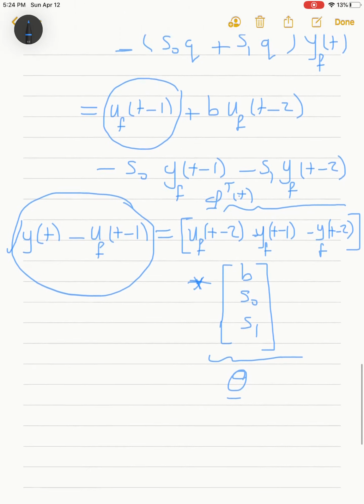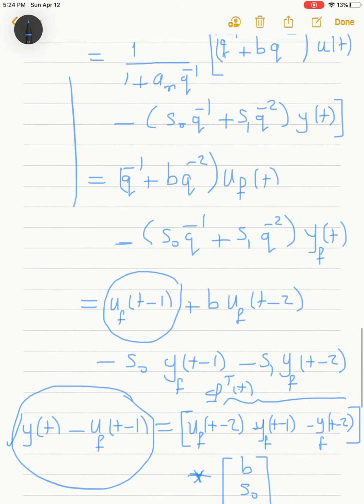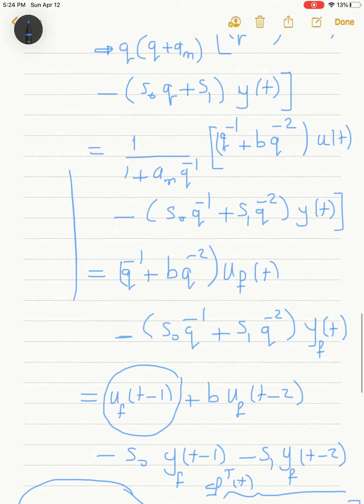So the filtered signal can be calculated as follows, from the definition that we have for, say, uf at t minus 1. It is equal to 1 over (1 plus am q to the minus 1) times u at t minus 1. This comes from here. This is u(t) and this is the filter.